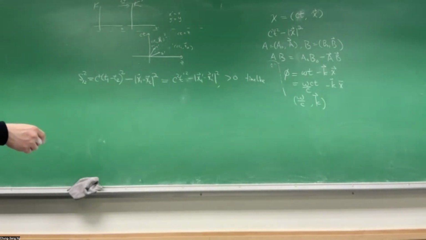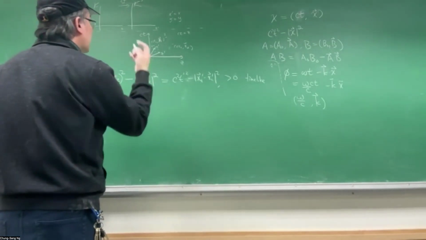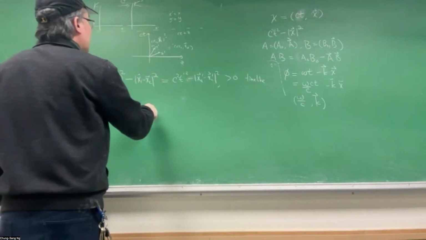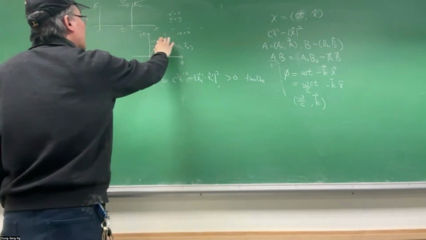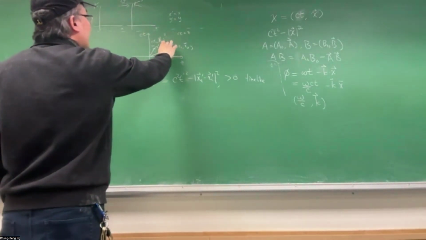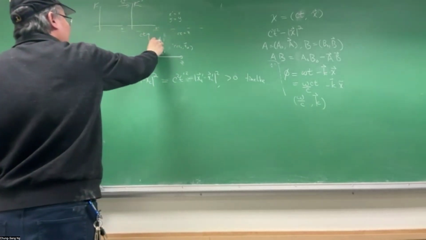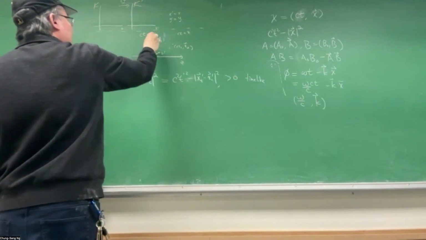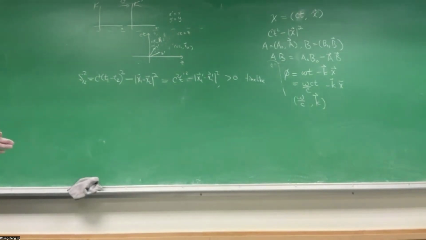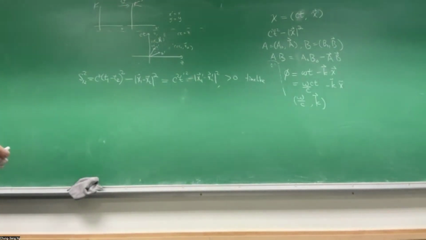What it means is that you can find a transformation, a K-prime frame, such that the two events are at the same location.